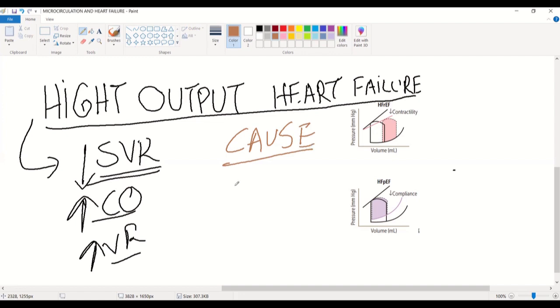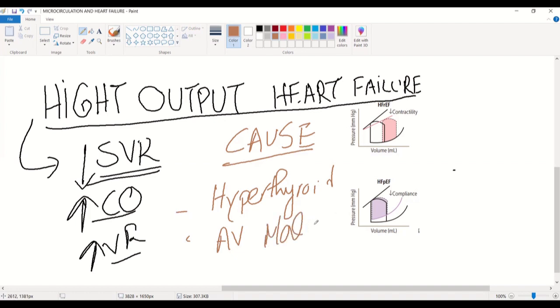Hyperthyroidism, AV malformation, severe anemia, not simple anemia.